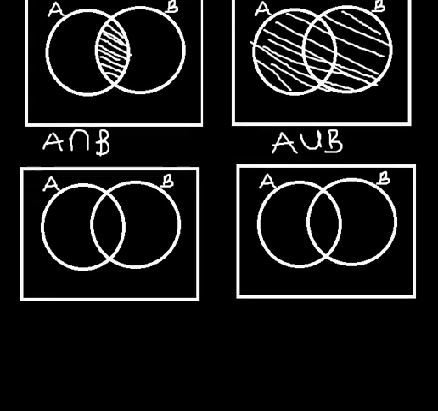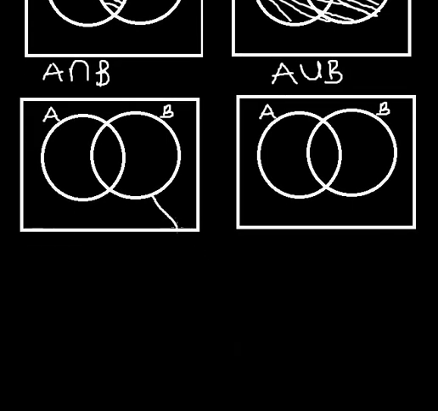Now, what if I decide to not shade any of the circles, but I shade outside the circles? If I shaded the two circles, that is the union of the two circles.